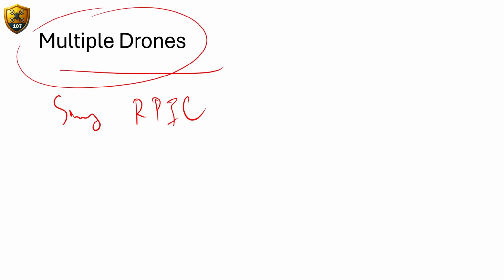Next we are talking about multiple drones. A single remote pilot in command cannot operate multiple drones. It's not allowed. The RPIC should only handle one drone at a time. This is even true for the visual observer.